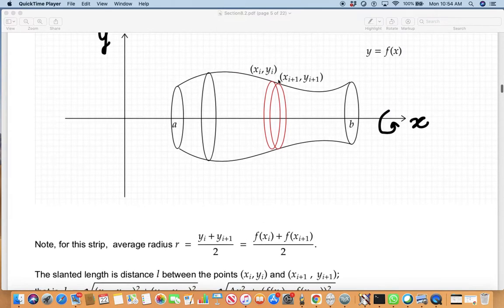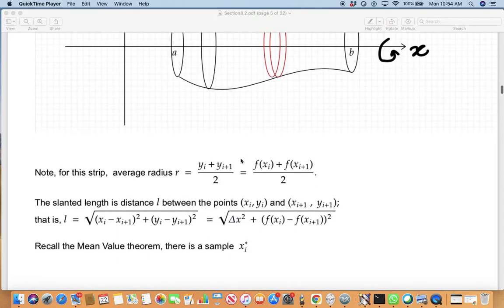The slanted length, this length, is given by the distance between the points (xi, yi) and (xi+1, yi+1). That is, L is the square root of, using the distance formula, (xi minus xi+1) squared plus (yi minus yi+1) squared.